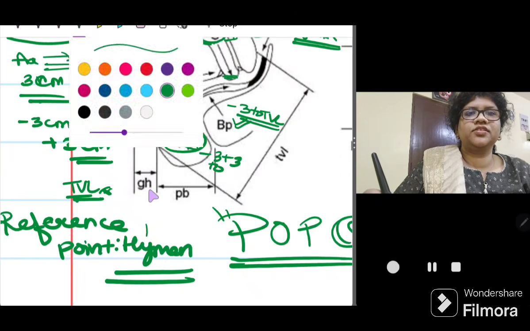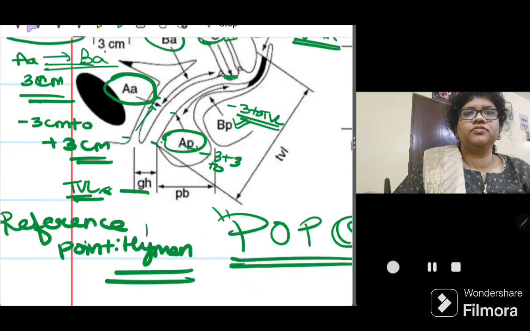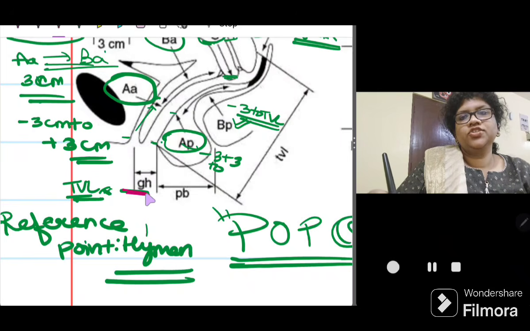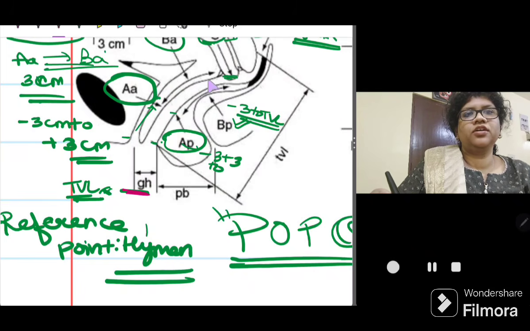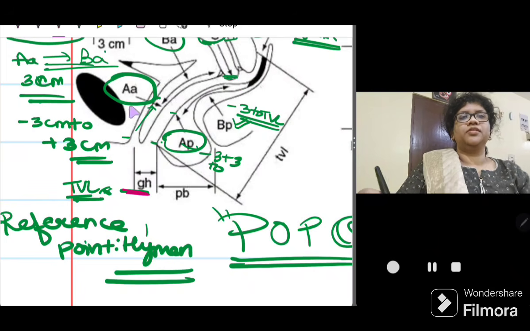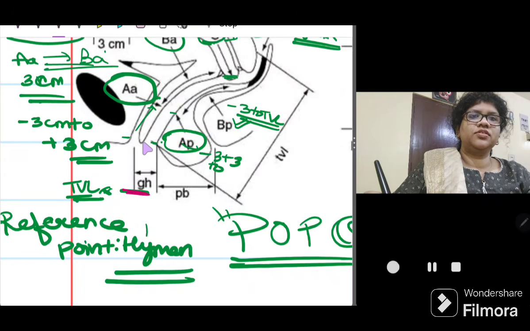So first is the GH, that is the genital hiatus. Genital hiatus is measured from the middle of the urethral meatus to the posterior hymenal ring. This is the urethra, this is your bladder, this is your vagina, this is your cervix, uterus, and posteriorly you have your rectum, anus.